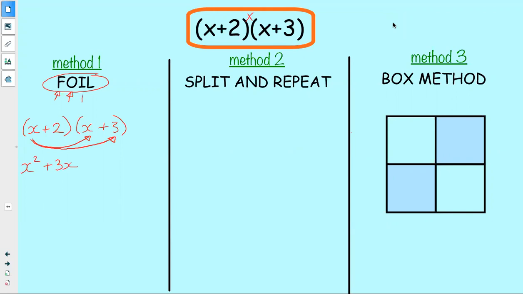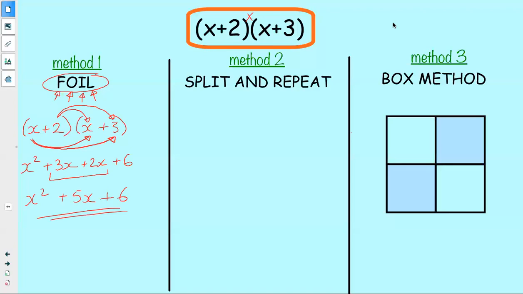And then I stands for inner, so your 2 inner terms, so your 2 multiplied by your x, which is 2x, and then L stands for last, so your 2 last terms in each bracket. So 2 multiplied by 3 is 6, and then just tidy it up. With these double brackets, these 2 terms in the middle will always simplify, so it's going to become x squared add 5x add 6. And that's your final answer.